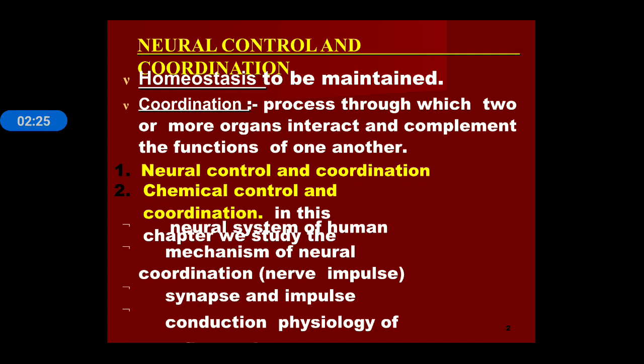We will also discuss synapse and impulse here. You can see in the last line it is mentioned conduction of physiology, meaning how the message is conducted from one neuron to another. This is also studied in this chapter.